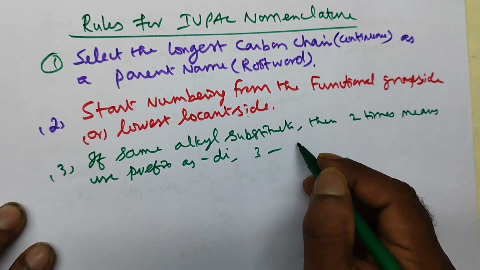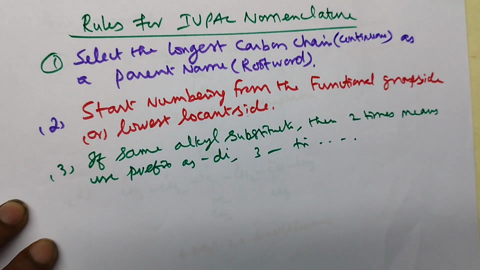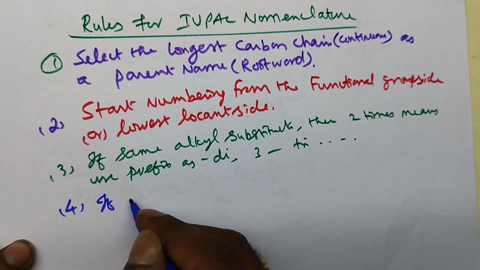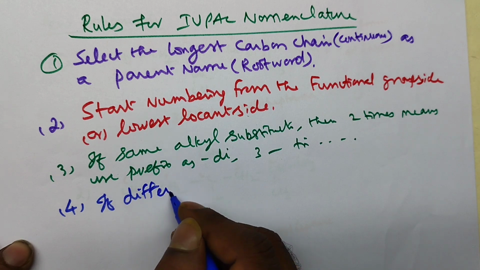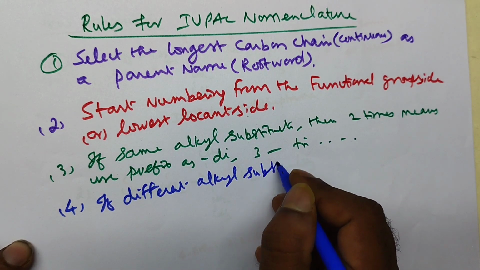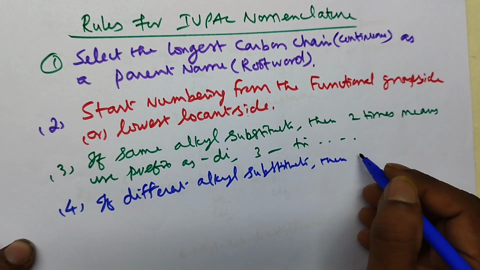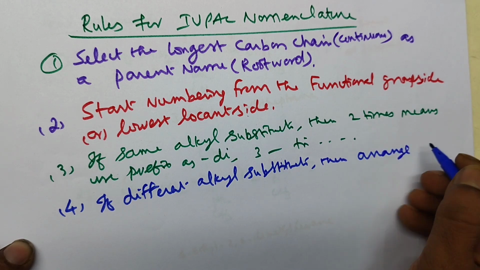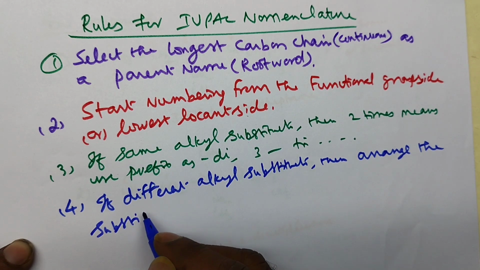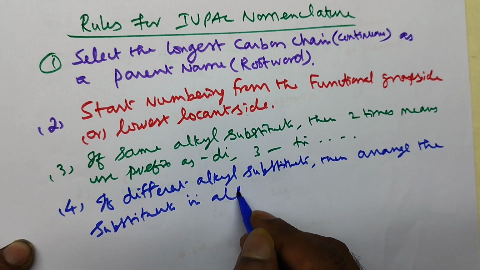If it is 3 times, tri, and so on. Suppose there are different alkyl substituents, then arrange the substituents in alphabetical order.